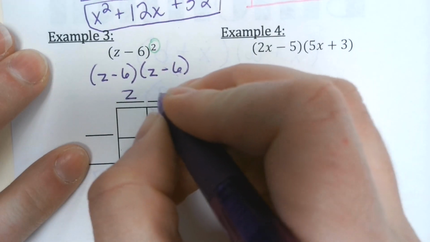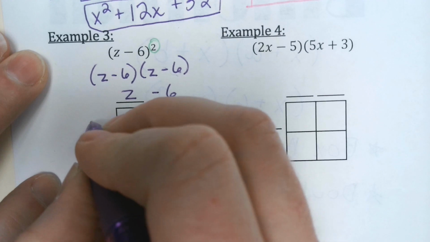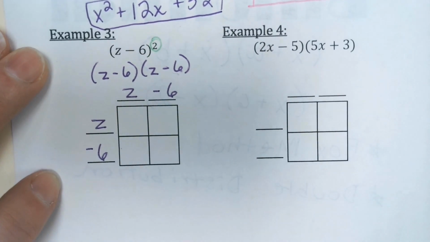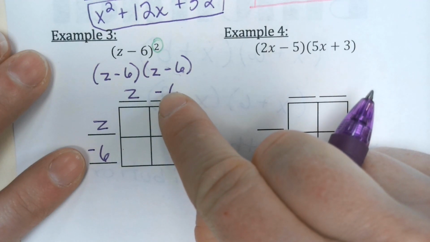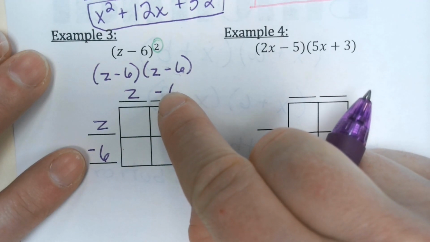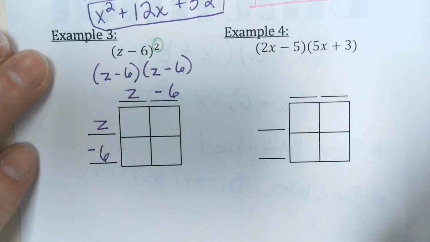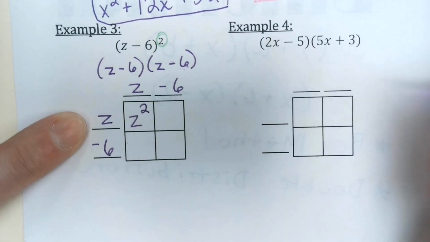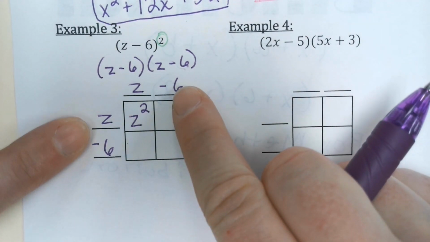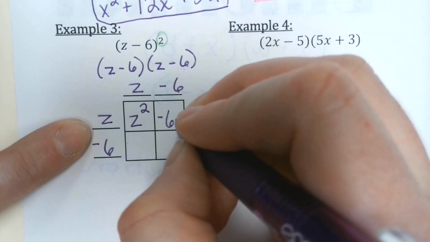Okay, on this one we have z minus 6 and z minus 6. What I noticed about a couple of people is they forgot the negative or the minus, which made their answer positive, so that messed it up. Z times z is z squared. Negative 6 times z, negative 6z.